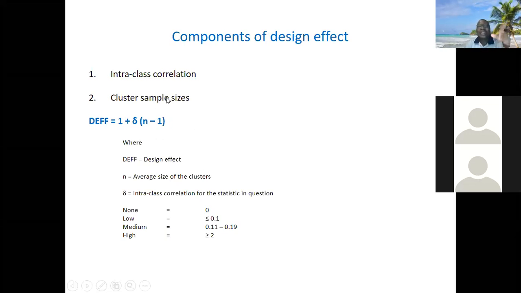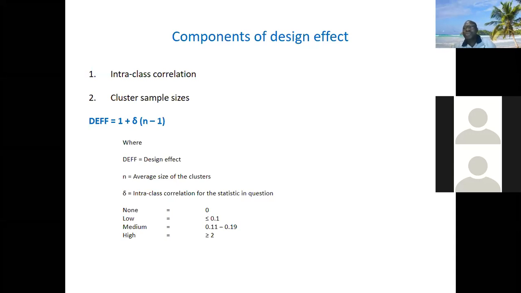If you look at it, the intra-class correlation and cluster size, there are two different things here affecting the design effect, and both of them, as they increase, the design effect increases. You get the picture. So the issue there is whether, as the cluster size increases, the intra-class correlation will increase. I don't think so.